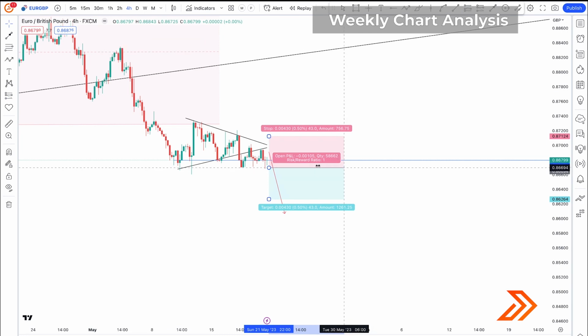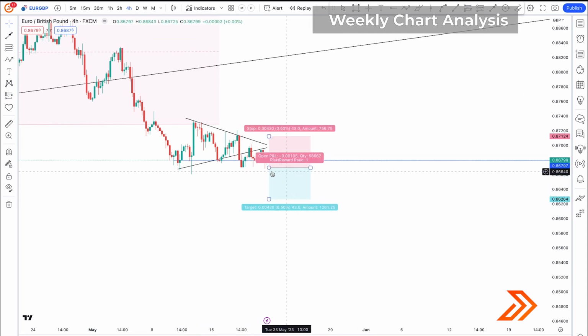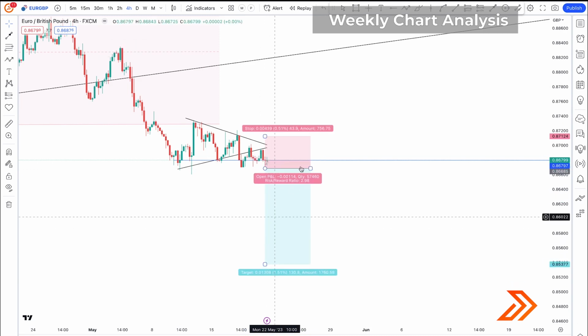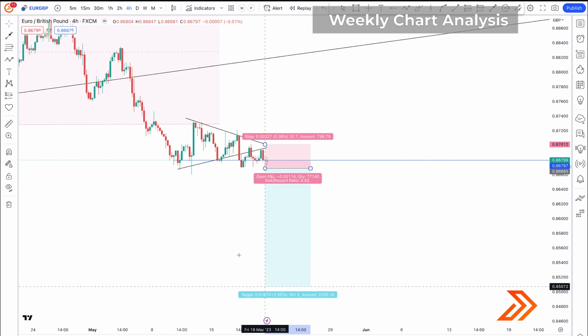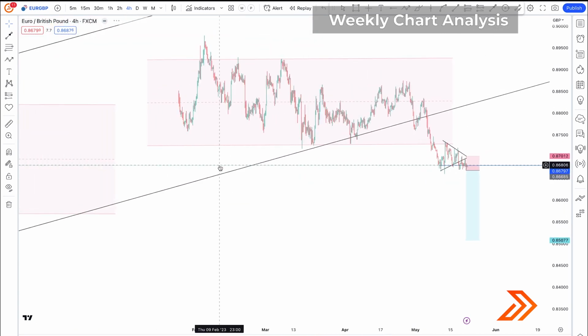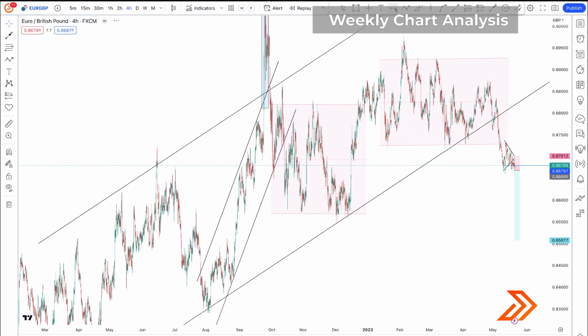So when we have a breakout of this zone on euro pounds, immediately I should be jumping into a bearish move, placing my stop loss somewhere around here, and I should be targeting a very good amount of pips, because if you noticed, we have some sort of lows around here. So this is where you could be looking at taking your profit target.